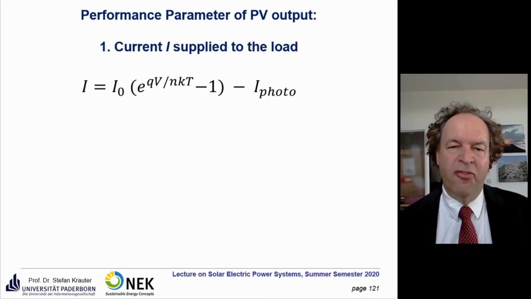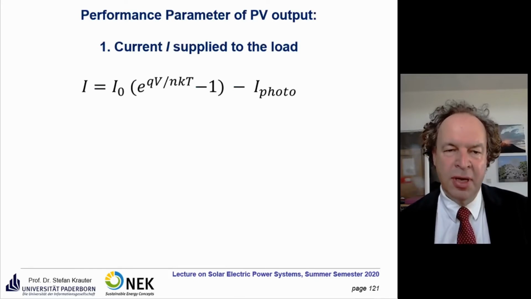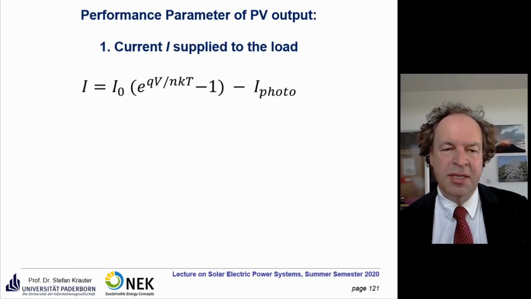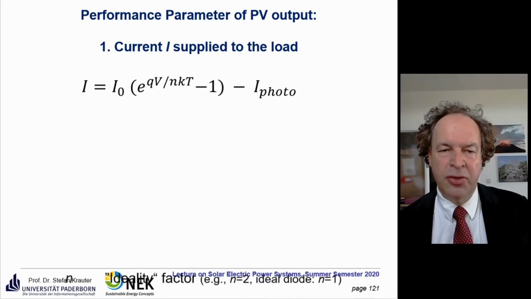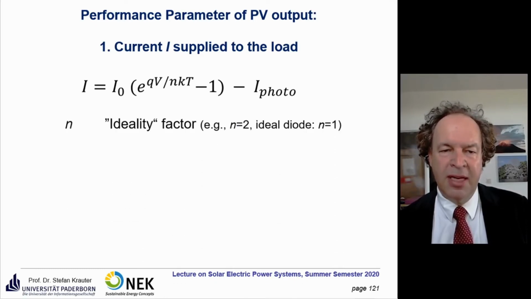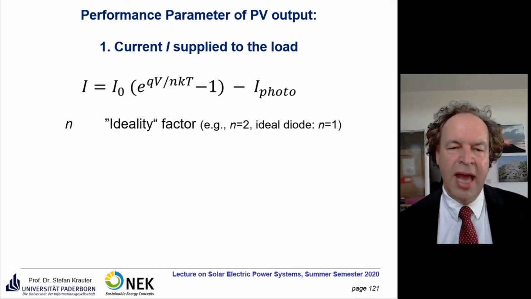Let's take a look at the performance parameters of the PV output. First, one parameter is the current, which is supplied to the load. This is according to that formula. So you have the known I0 e^(qV/nkT). Here for the ideality factor, we have used the n, not the m.